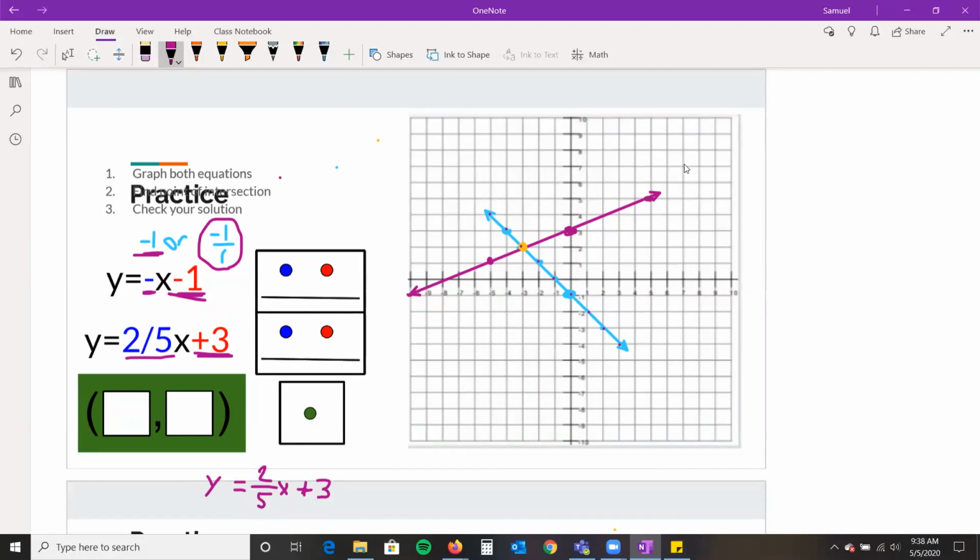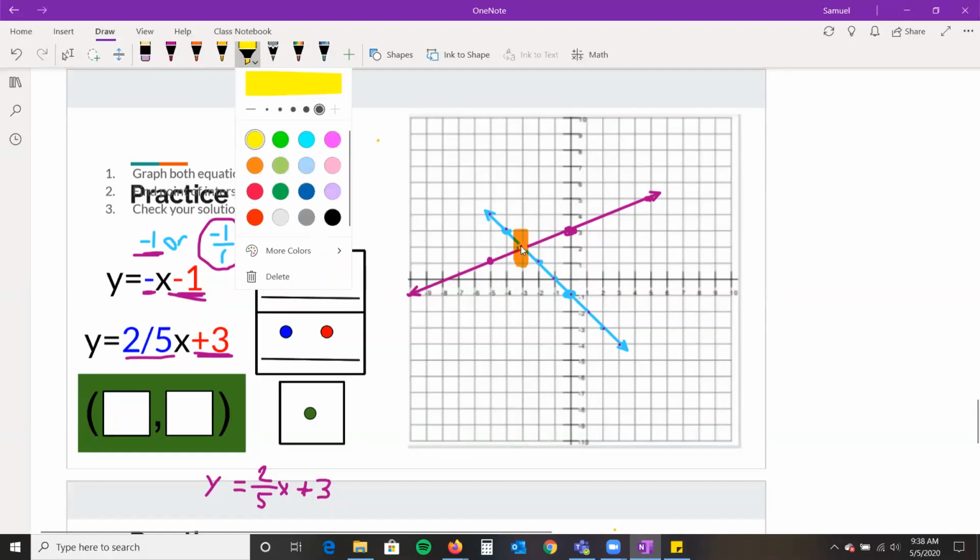Rise 2, run 1, 2, 3, 4, 5. Okay, and then I can go backwards. Down 2, 1, 2, 3, 4, 5. Down 2, 1, 2, 3, 4, 5 to get that slope. All right, so then I connect my dots, and it looks like they intersect right at this point here. I should have chosen a different color.